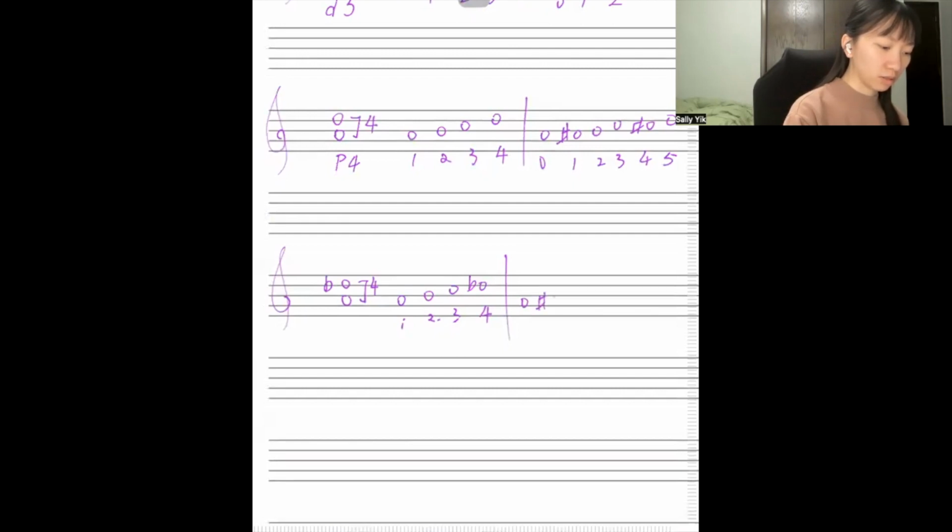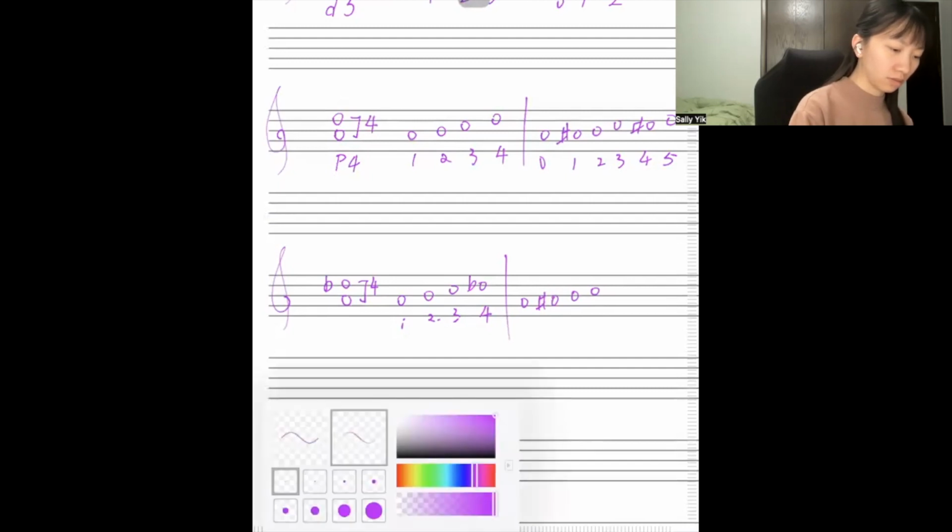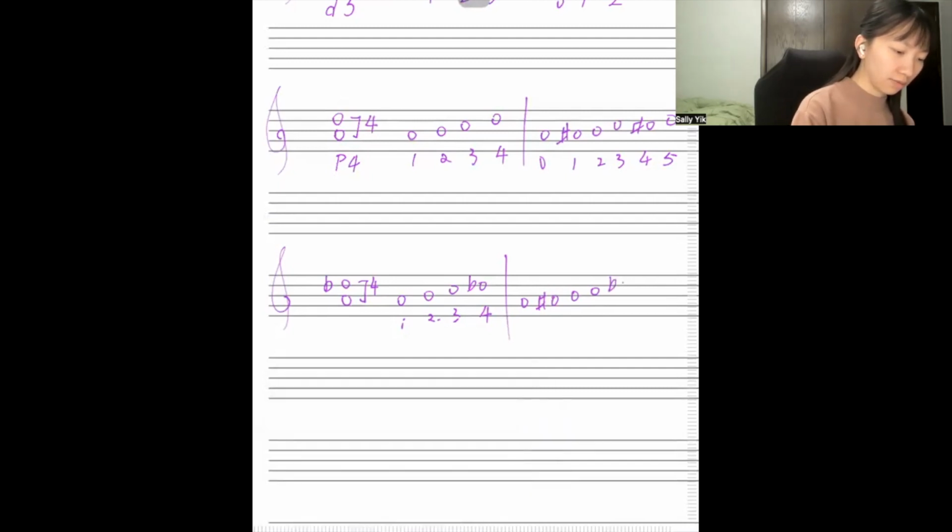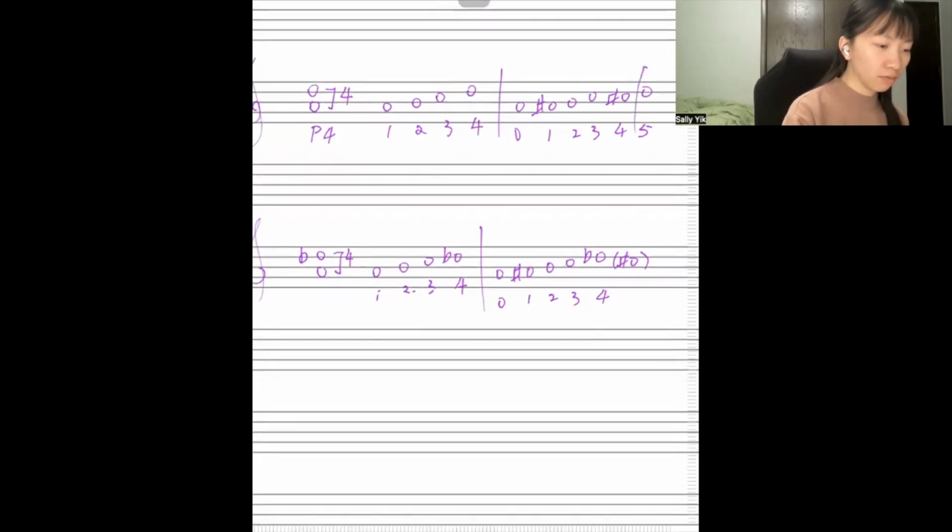So we have A sharp, B, C sharp, which is actually a D flat, because it's also a C sharp, right? It's the same note. And then if we count the number of semitones, it will be 0, 1, 2, 3, 4. So instead of 5, now we only have 4 semitones.